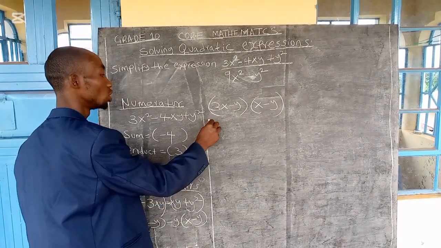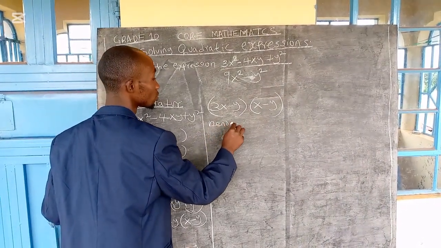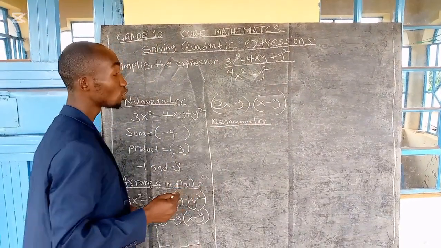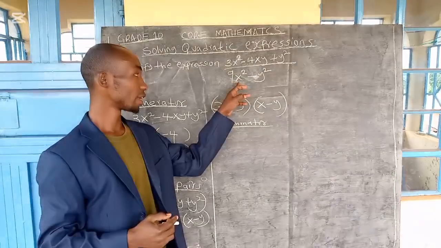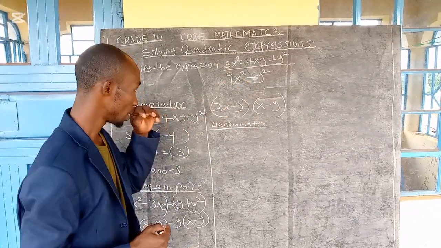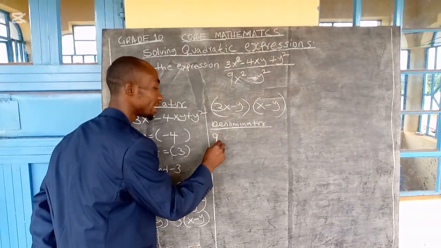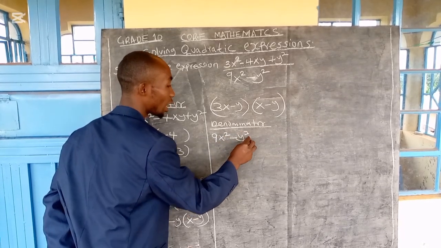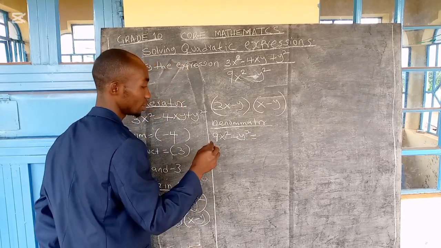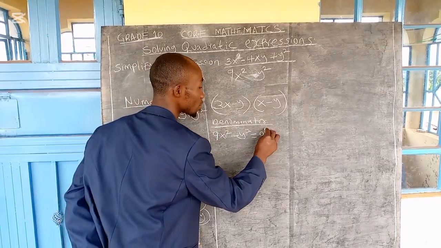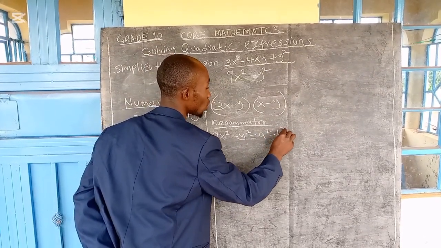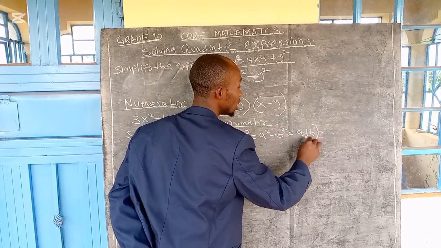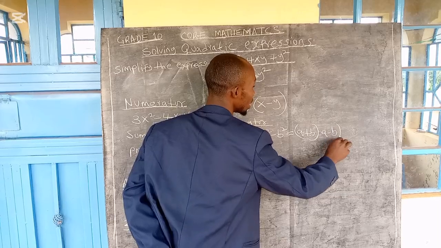Now let us go to the denominator. In the denominator we have 9x squared minus y squared. In this case, it is something of the form a squared minus b squared, which gives us a plus b, a minus b.